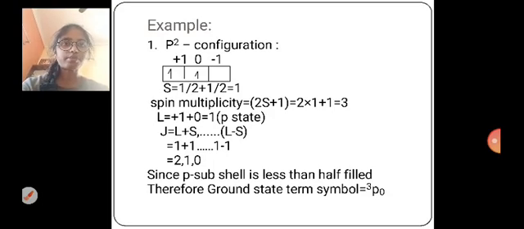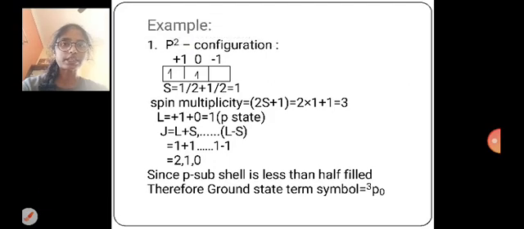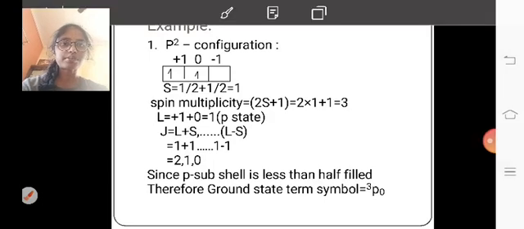L equals 1 means P state. J is equal to L plus S or L minus S, so 2, 1, 0 are the possibilities. Since the p subshell is less than half filled, the ground state term symbol is 3P0.